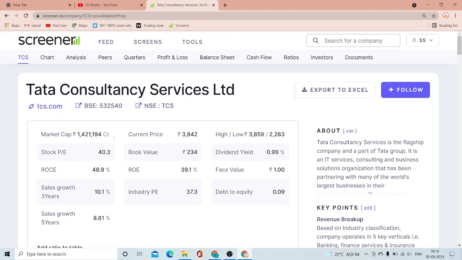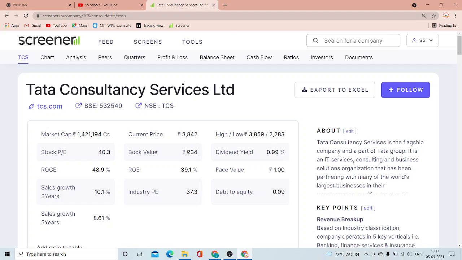This is the basic information regarding TCS. The market capital of the company is 14,21,194. The current price of the share is 3,842. The 52 week high and 52 week low are shown here. The stock P/E, price to earning ratio, is 40.3. Book value is 234.